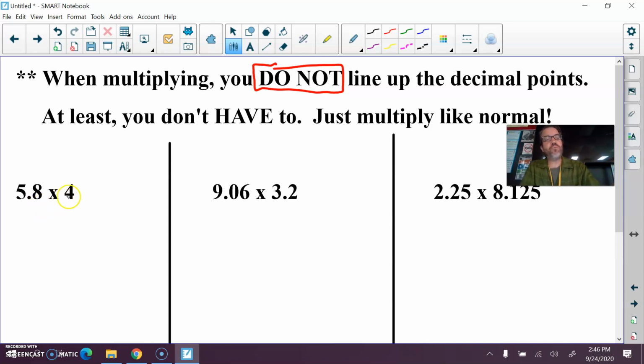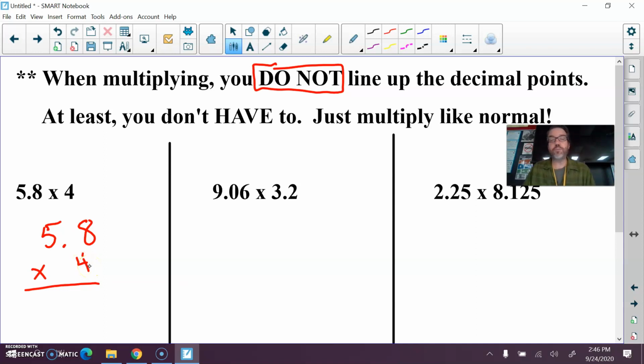So when I see 5.8 times 4, I'm going to write 5.8 times 4. If this were an adding or subtracting problem, I would want the 4 to be underneath the 5 because those are whole amounts. And I'd have 4.0 here. But when multiplying, I don't have to worry about that. I'll just put times 4 here.